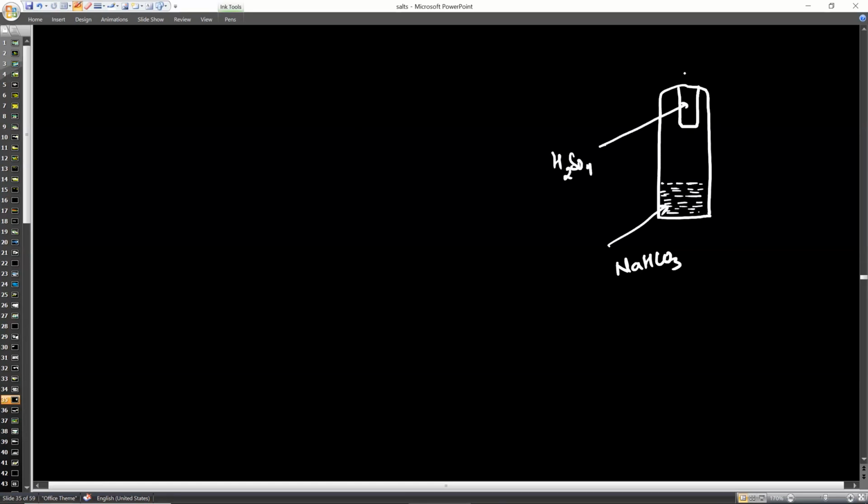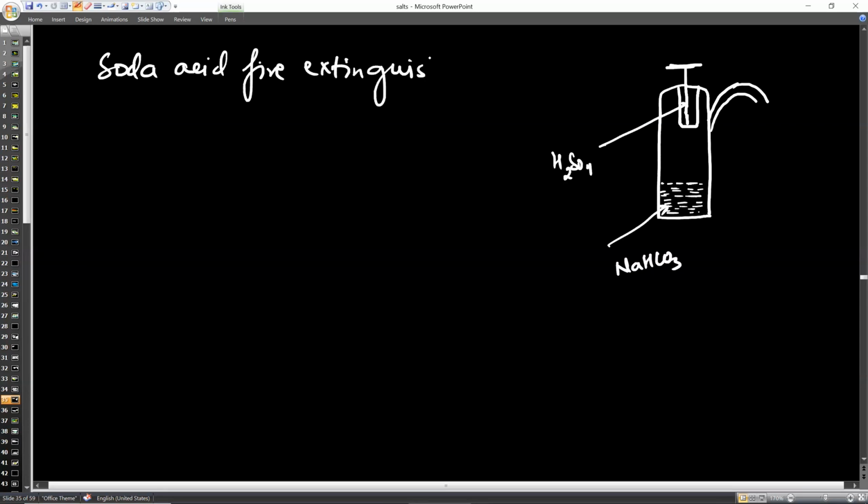And here is a needle, and there is a pipe here. So this is named the soda acid fire extinguisher.